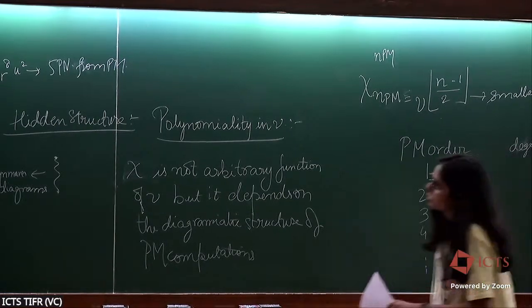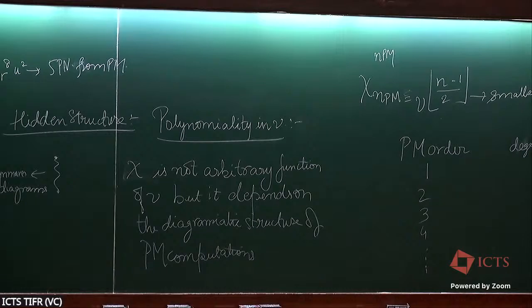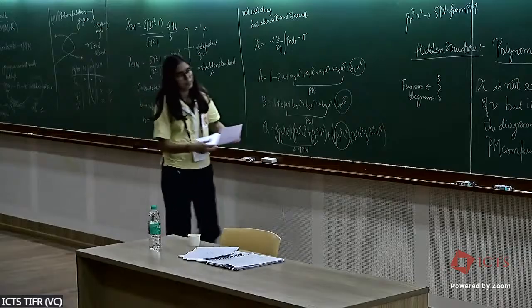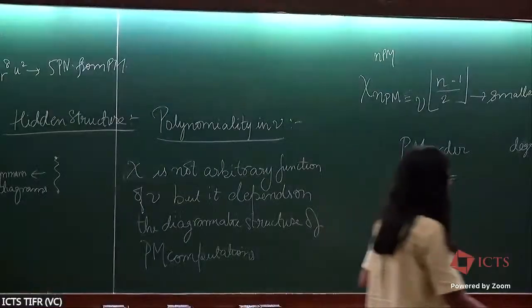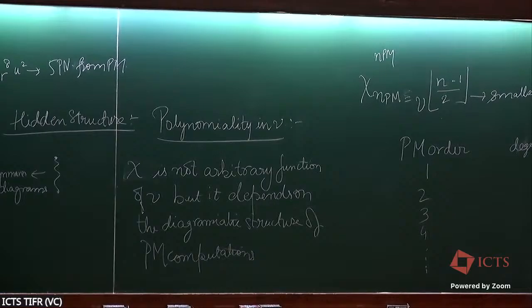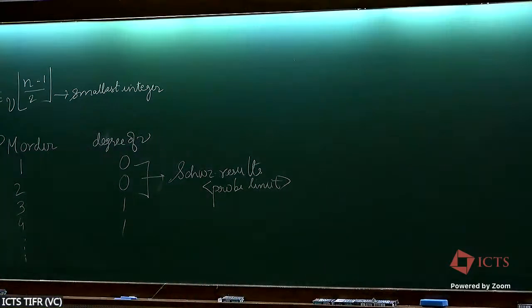This verifies what I wrote here, that chi 1PM is not dependent on nu, and hence it can be completely determined from the Schwarzschild results. And this is oftentimes called the probe limit. And now we go back and look at this grid structure. What we are saying here is, if we know 2PM results exactly, we should be able to know the 1PN results completely.